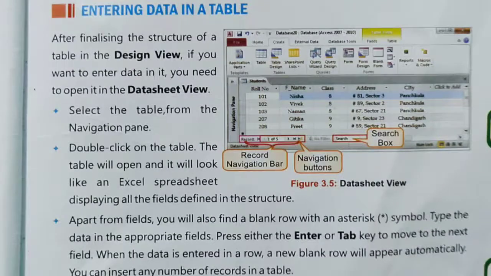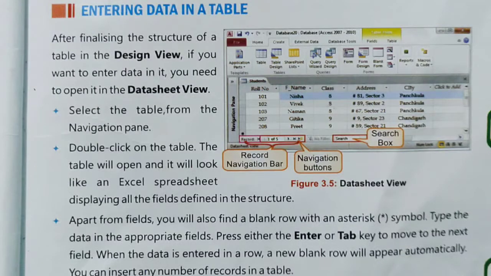If you want to move to the next field, you need to press the Enter button or Tab button from the keyboard. After entering the data in a row, a new blank row will appear automatically.